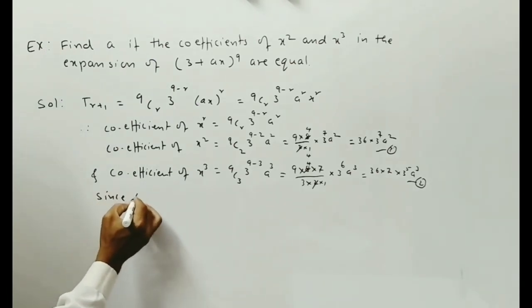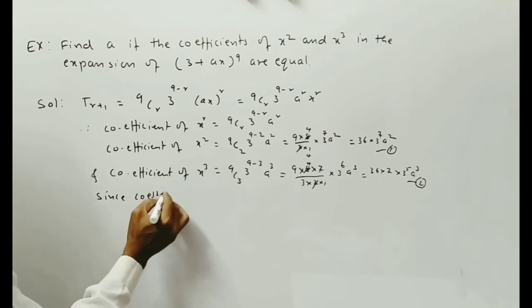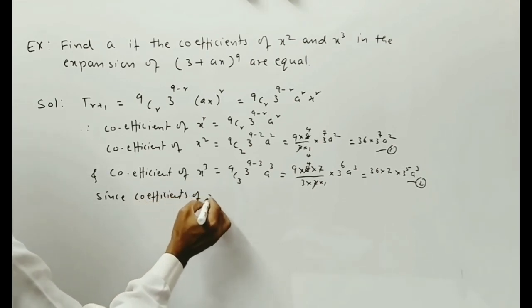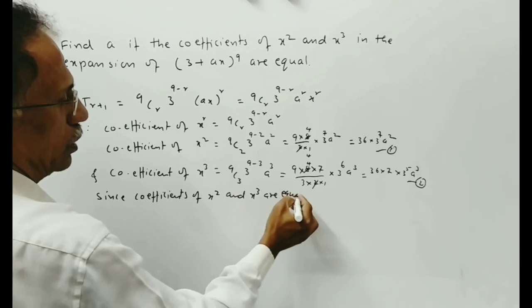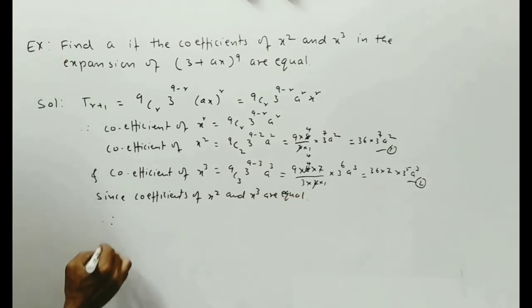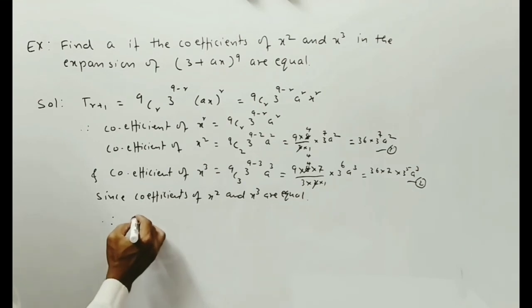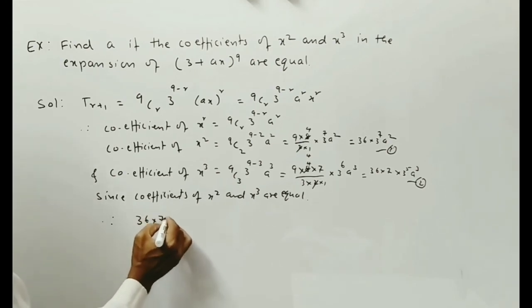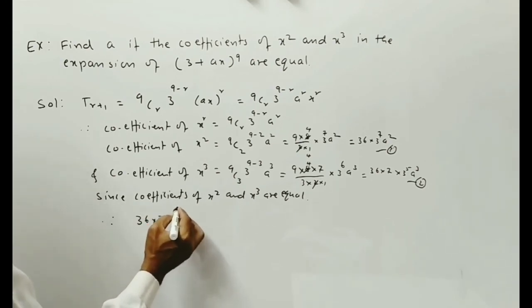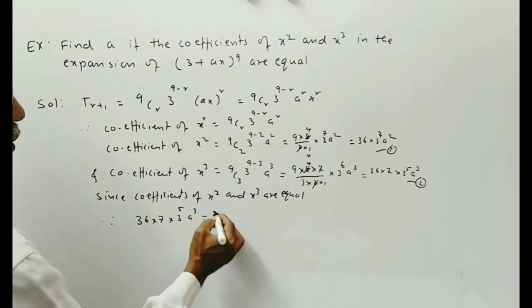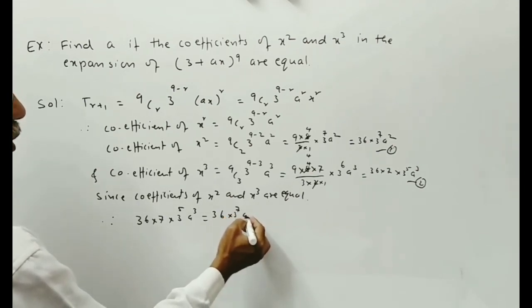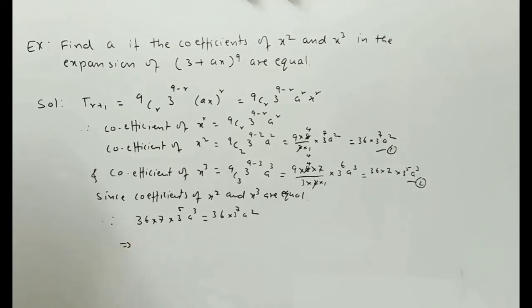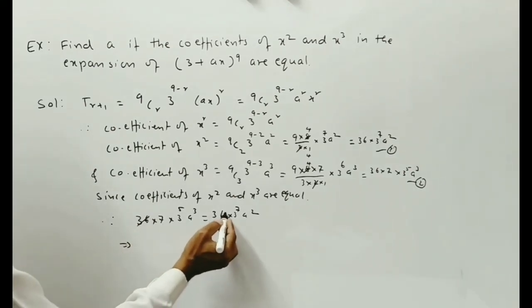Since the coefficients of x square and x cube are equal, therefore, let me write in the beginning, 36 into 7 into 3 raised to the power 5 into a cube is equal to 36 into 3 raised to the power 7 into a square. This implies, 36 and 36, let me cancel.